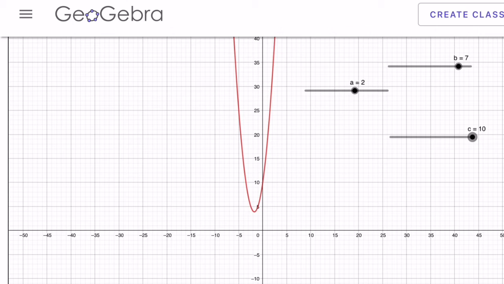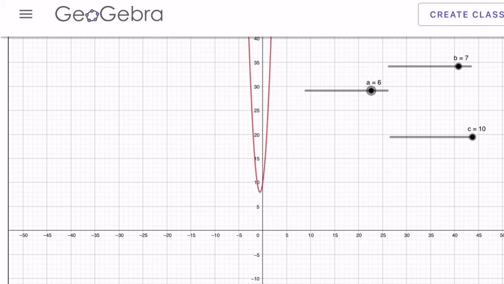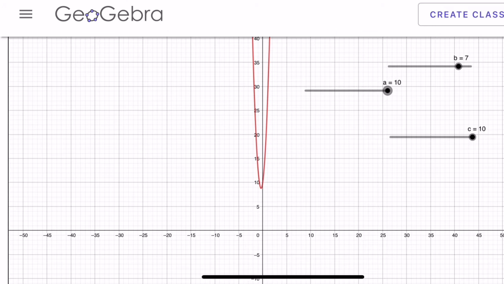Again, I highlight in short summary: a change in the value of a will affect the shape and width of the graph.